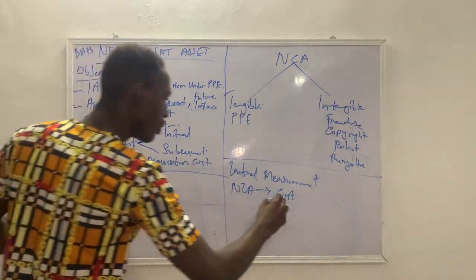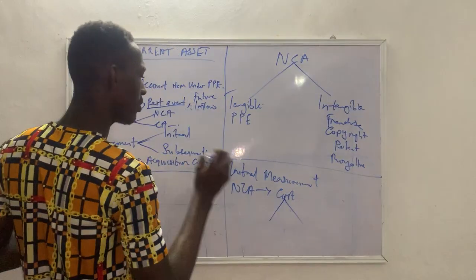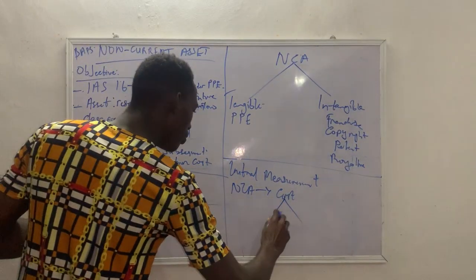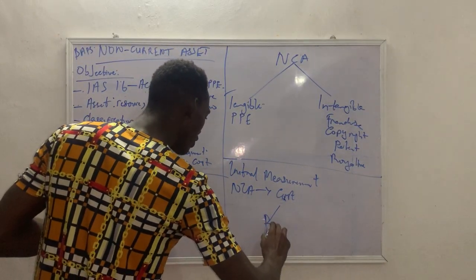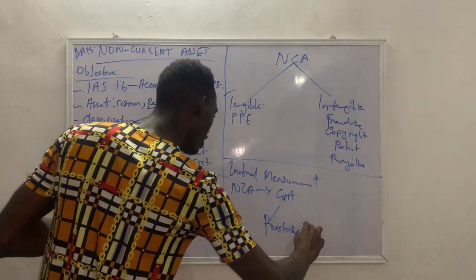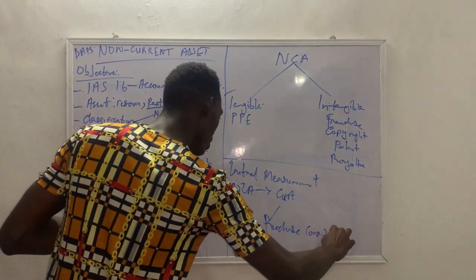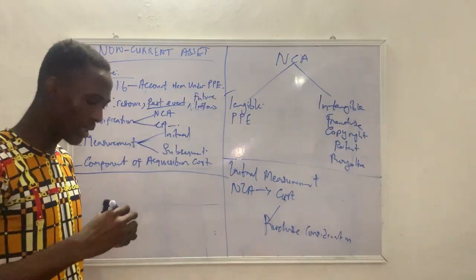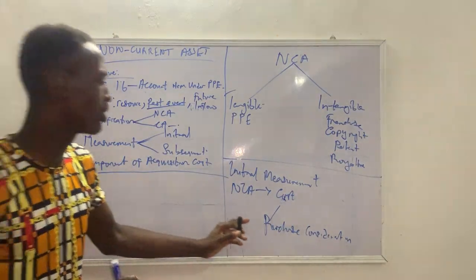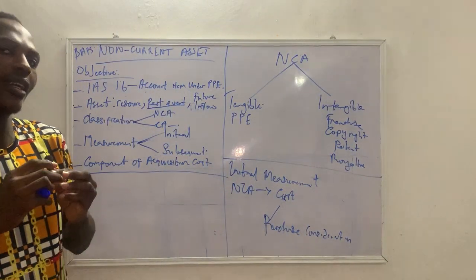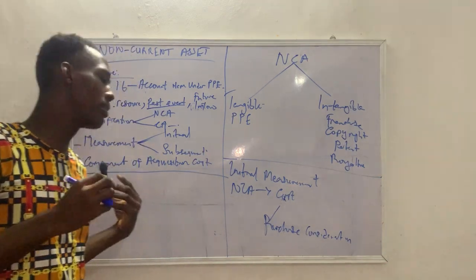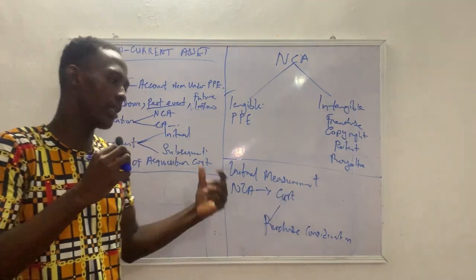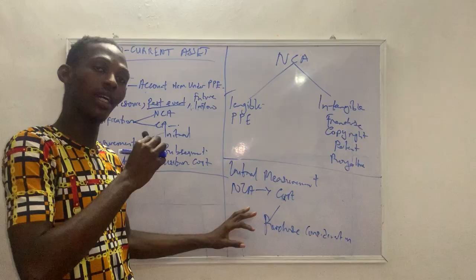Let me come again. The purchase consideration, that's what I prefer to call it. Purchase consideration in getting the non-current assets. When I say purchase consideration, it does not necessarily mean cash or cash equivalent. There can be other means of payments for our non-current assets.